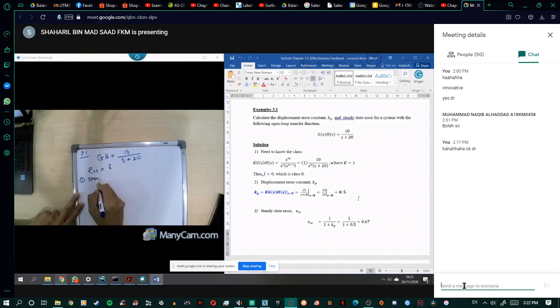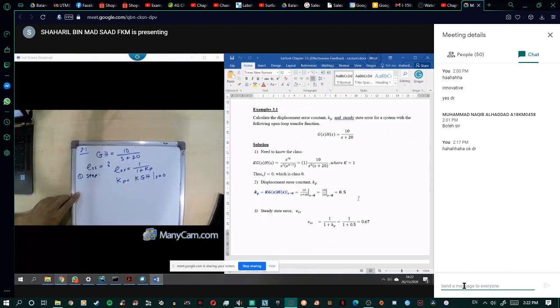The steady state error for the step input is 1/(1 + Kp), and Kp is KGH at S equal to 0. So let's find the steady state error for this one first.